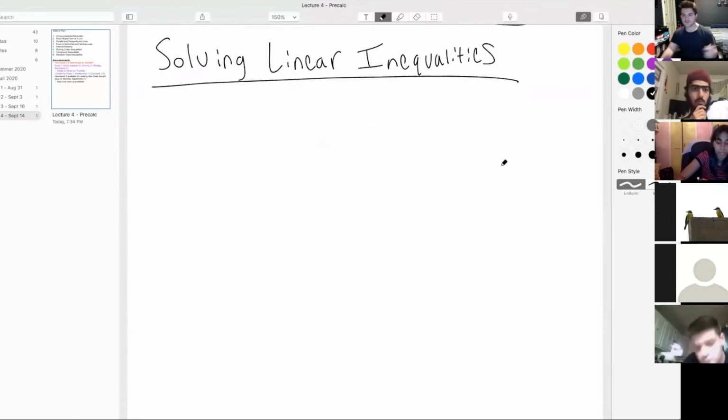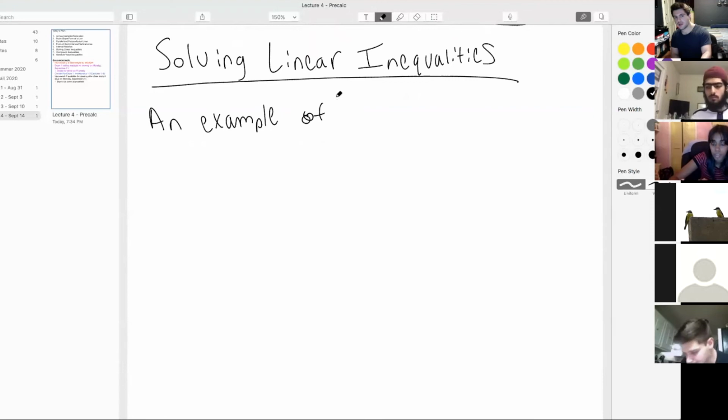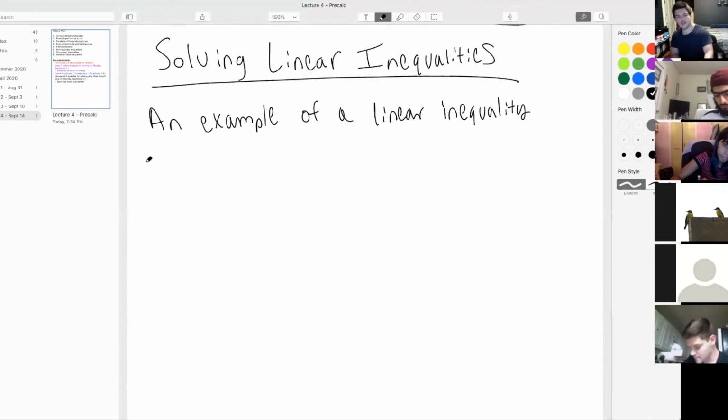Okay, so let me just do a little introduction here. An example of a linear inequality is simply x minus 15 is less than 4.